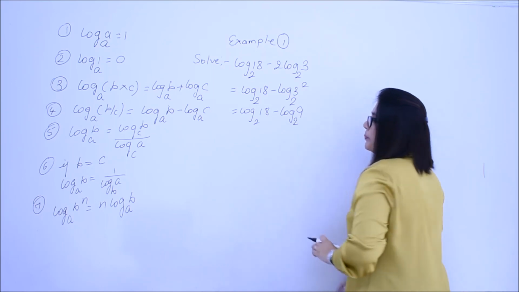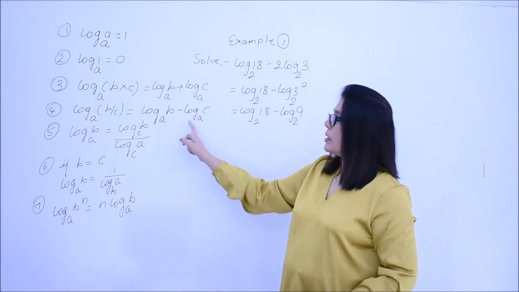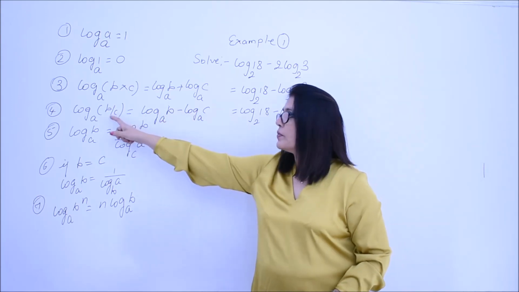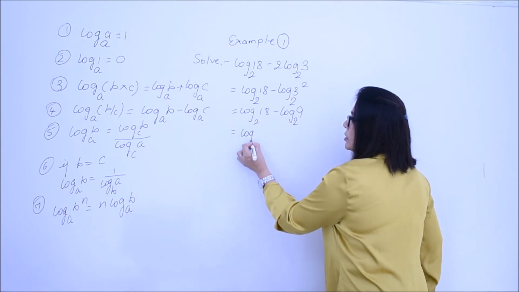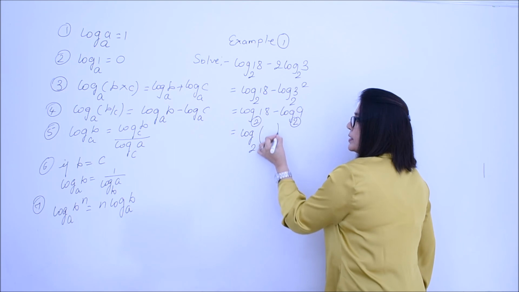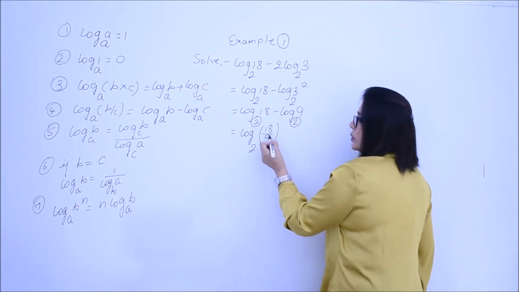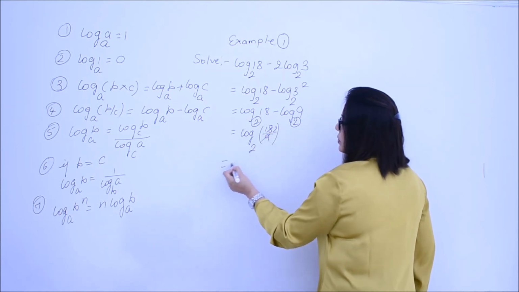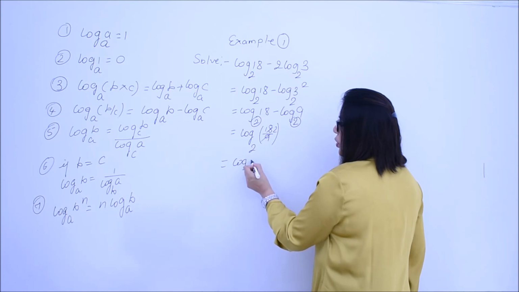Now again base is same and it is subtraction. So base is same, if it is subtraction then it is division. So the next step we can write down this as log base 2 and it is division. So I write down 18 divided by 9, which is 2. So log to the base 2 of 2.